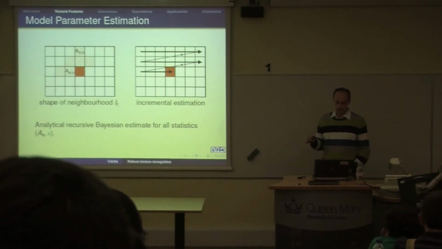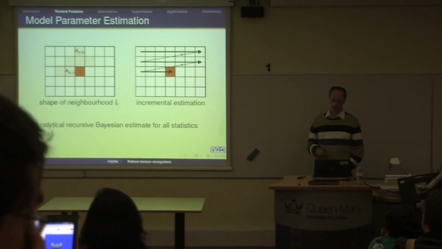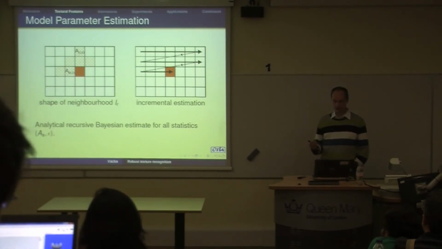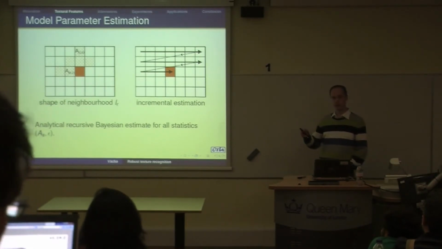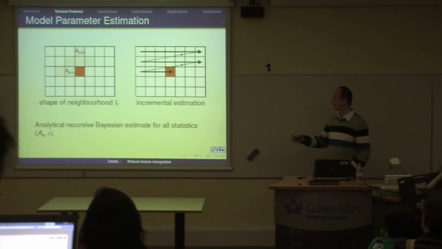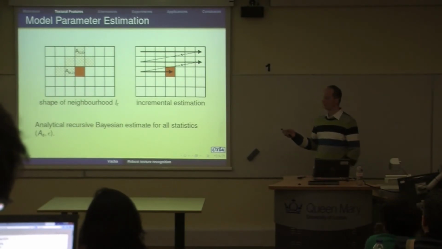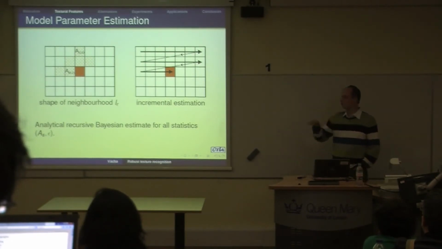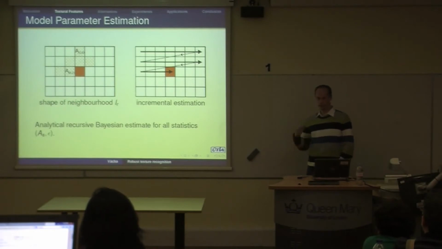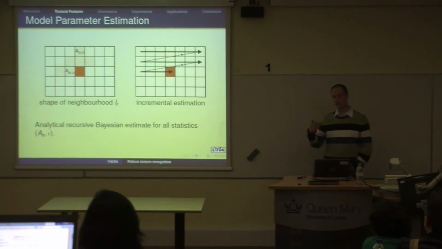And if we are restricted to this type of neighborhood, the advantage is that the Bayesian estimate of the parameters can be expressed analytically and recursively, which means that the parameter estimate can be done very effectively, going through the image from the upper left corner down, and at each pixel position we can incrementally improve the estimate of the parameters.